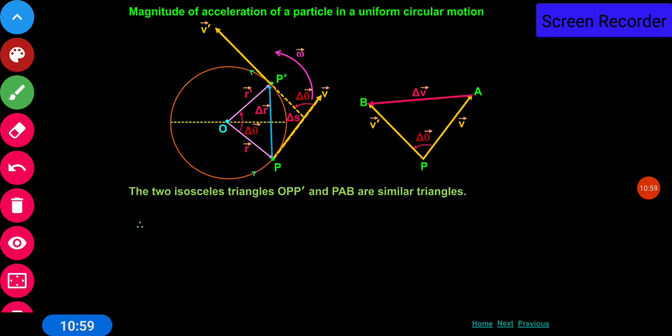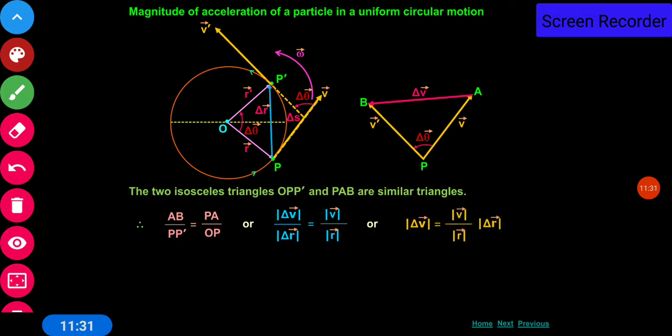Therefore, in similar triangles the ratio of corresponding sides is the same. So we can say that AB upon PP' is equal to PA upon OP, where AB is the change in velocity, that is del v, PP' is the magnitude of the displacement vector, PA is the magnitude of velocity, and OP is the magnitude of the position vector. So del v is equal to v upon R into del R, or acceleration is limit del t tends to 0 of del v upon del t.